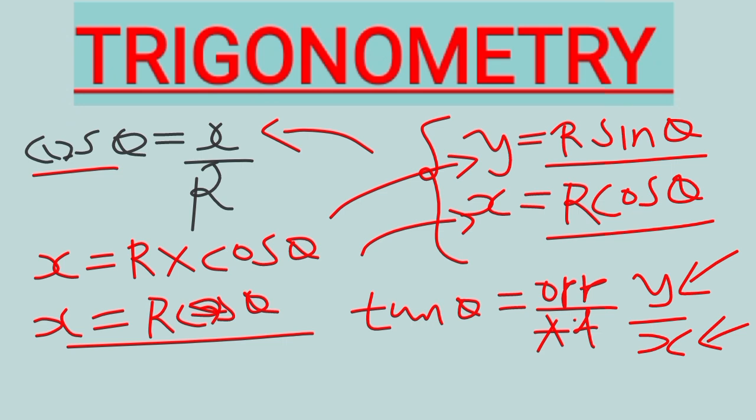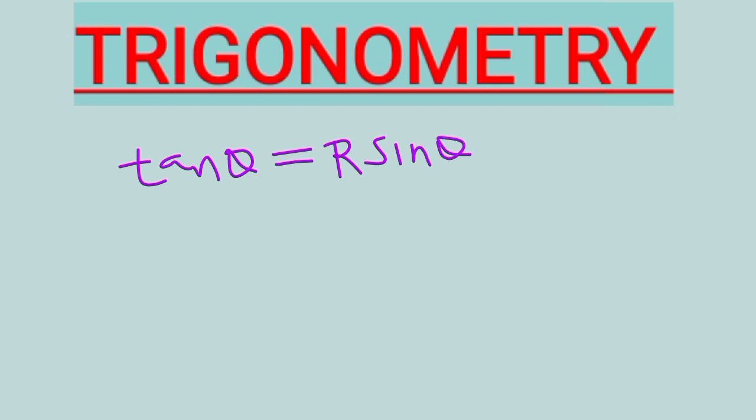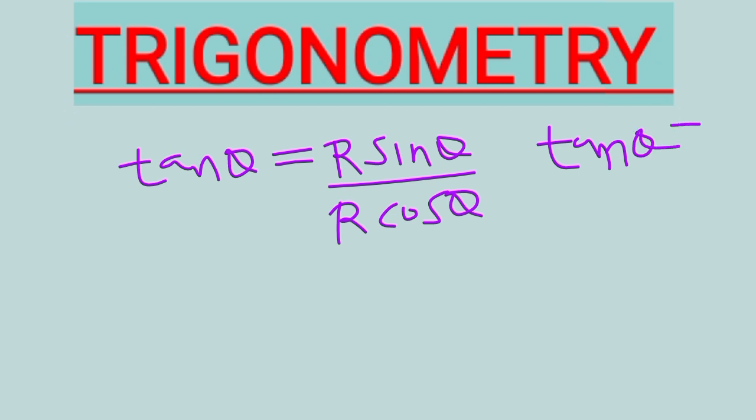Okay, so let us do that. So meaning our tan theta will now be equal to r sin theta over r cos theta, because we said that tan theta is equal to y over x.